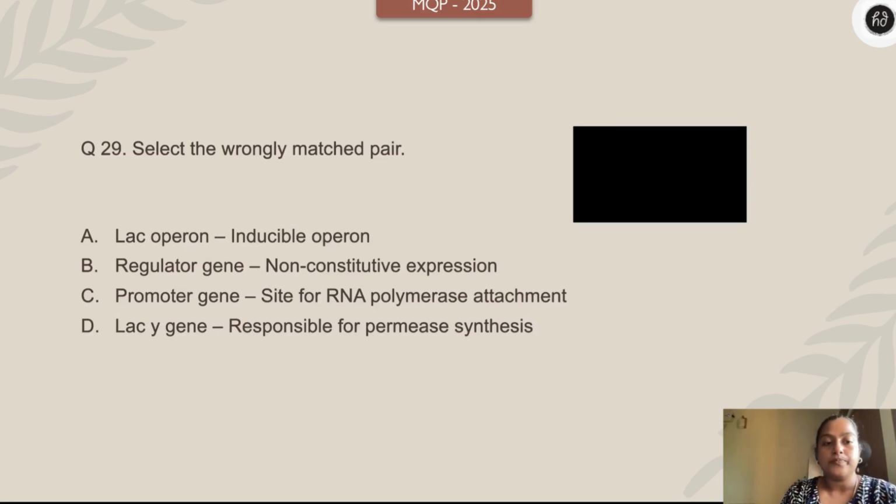Select the wrongly matched pair. Lac operon, inducible operon. Regulator gene, non-constitutive expression. Promoter gene, site for RNA polymerase attachment. Lac Y gene, responsible for permease synthesis. Your time starts. 3, 2, 1 right now.